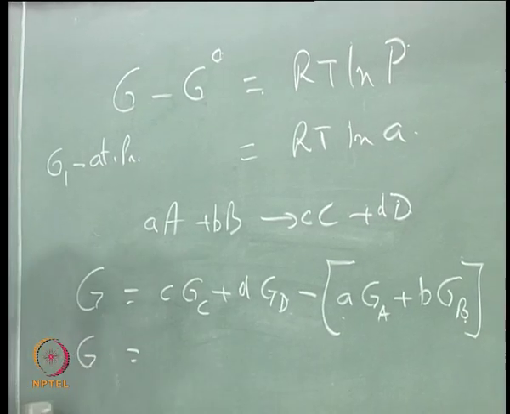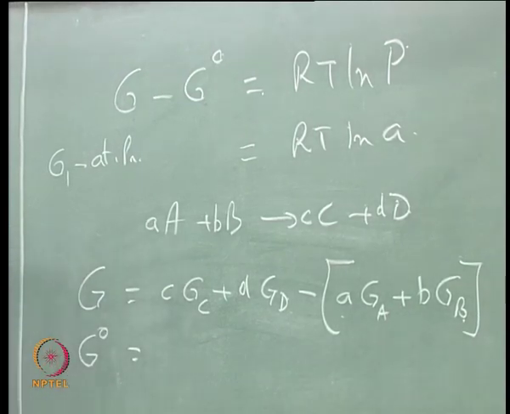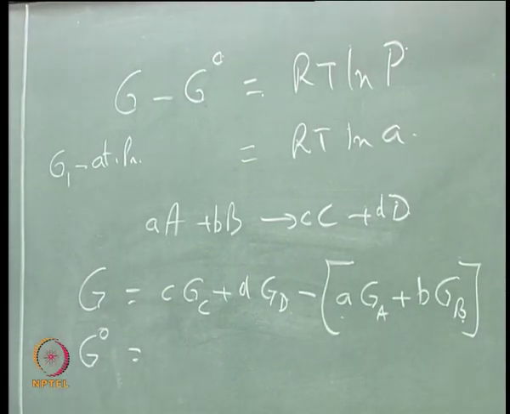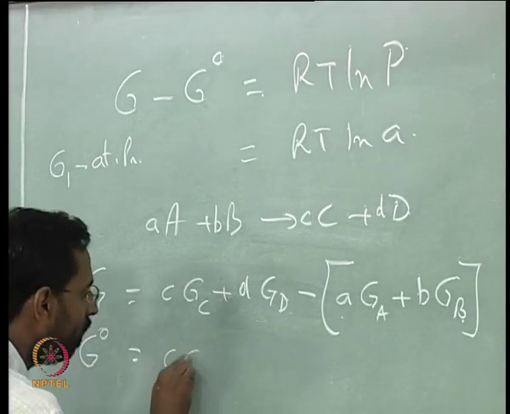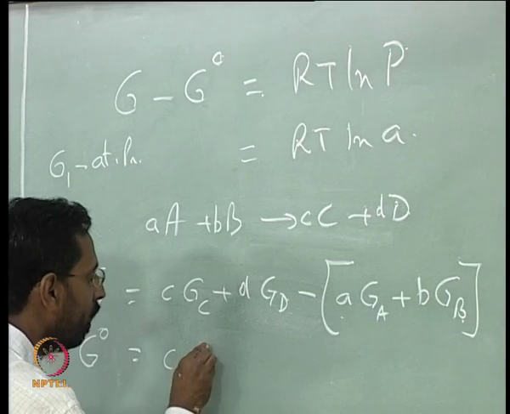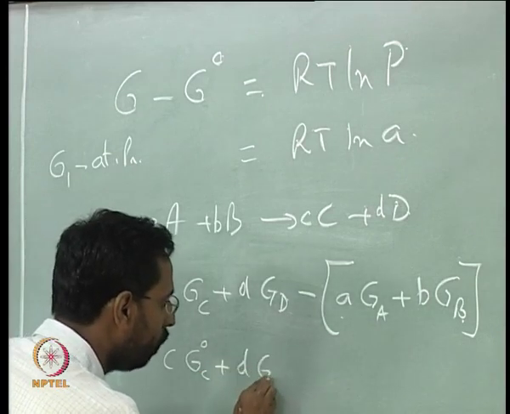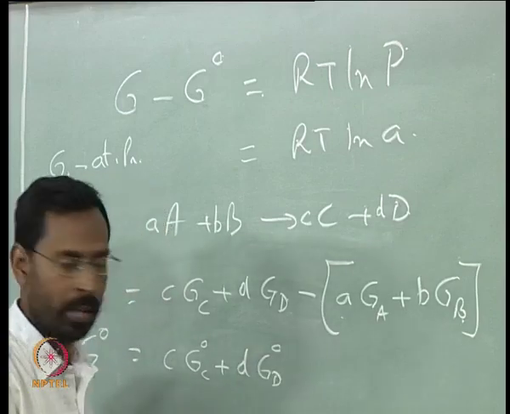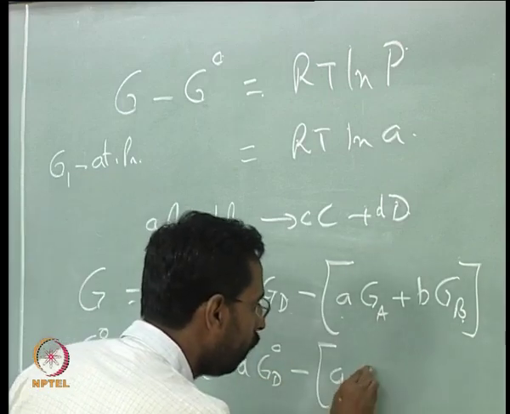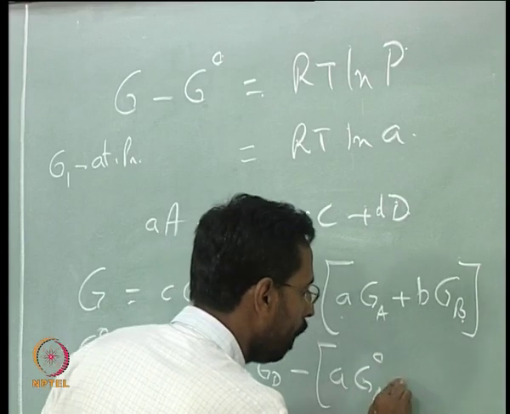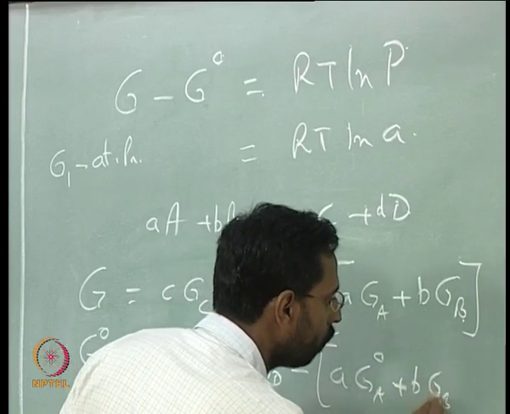I can also write the same thing at a standard state. Sorry, I will put naught on the top. That means at atmospheric pressure, if this reaction is happening, then I can write it as c into G C naught plus d into G D naught minus a into G A naught plus b into G B naught.